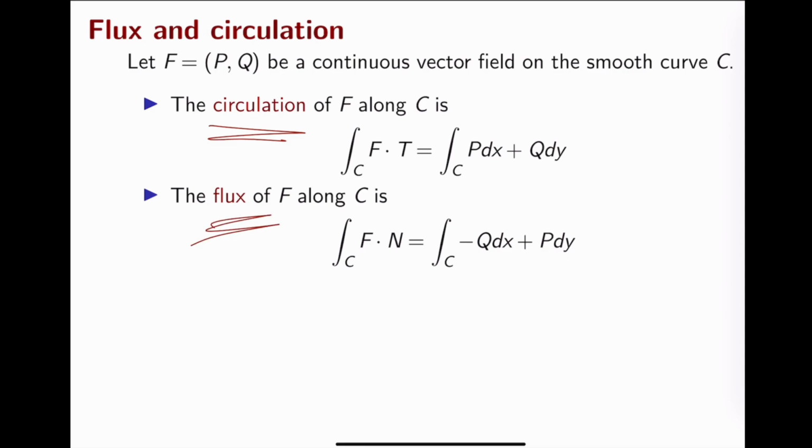But the flux of a vector field along a curve is, instead of multiplying by the tangent vector, we are multiplying by the normal vector. So because of that, we are going to get an inversion of the signs here, and the result is going to be just this component negative dx and the first component dy.